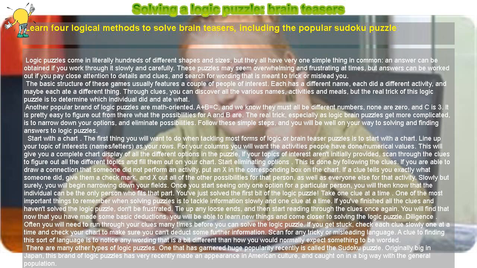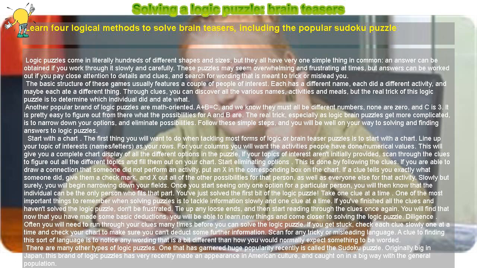Tie up any loose ends, and then start reading through the clues once again. You will find that now that you have made some basic deductions, you will be able to learn new things and come closer to solving the logic puzzle.